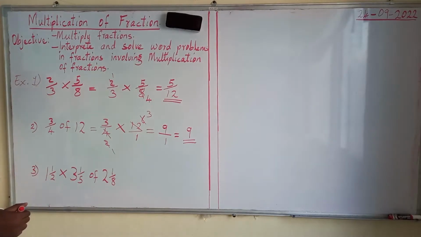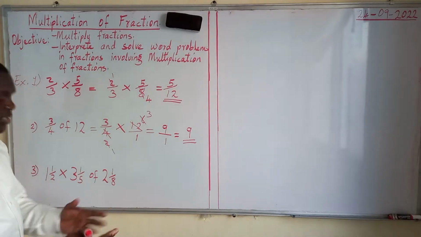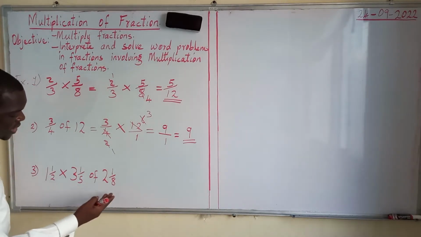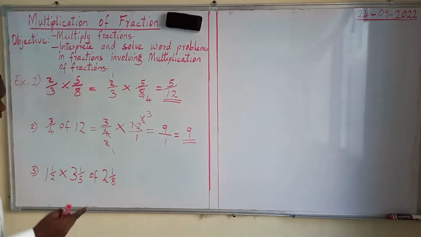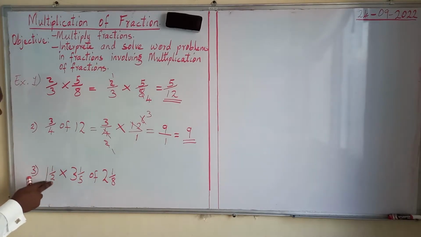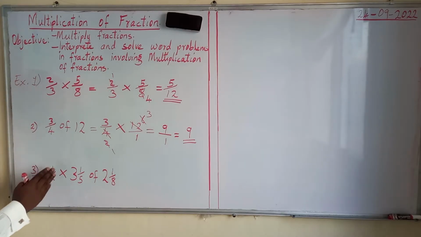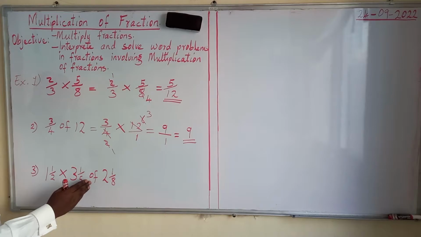Now, in our third example, we have 3 fractions, and in addition to that, the fractions are mixed fractions. In this case, what do we do? The first step is to change all the mixed fractions, or mixed numbers as we can also call them, into improper fractions, and we change "of" to multiplication.